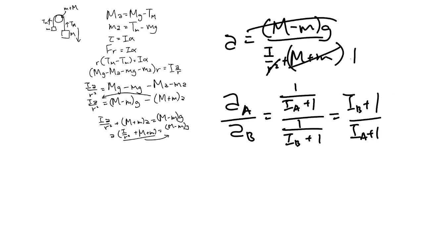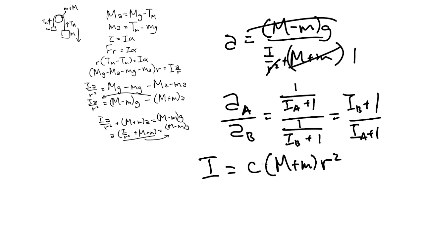And our big thing now is to just find our moment of inertia. And this technically doesn't completely work. Actually, no, it does. But what I'm trying to get at is our moment of inertia for both of these is going to be some constant times our mass, which is big M plus little m, r squared.